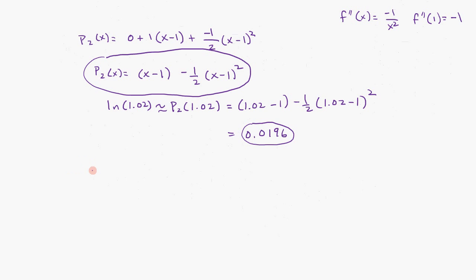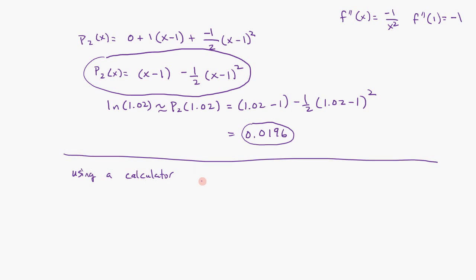So using a calculator, we see that these two are actually fairly close approximations. The natural log of 1.02 is approximately 0.0198, up to 4 decimal places. And so the linear approximation is just slightly off.